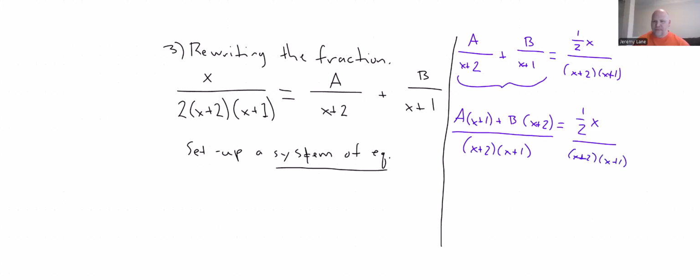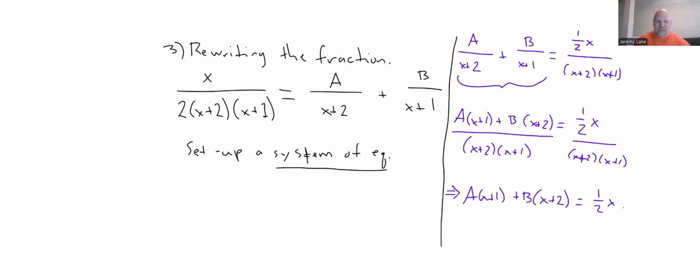the denominators are the same, so the numerators have to be the same. And this enables me to say that a times the quantity x plus 1 plus b times the quantity x plus 2 is going to be equal to 1/2 x.